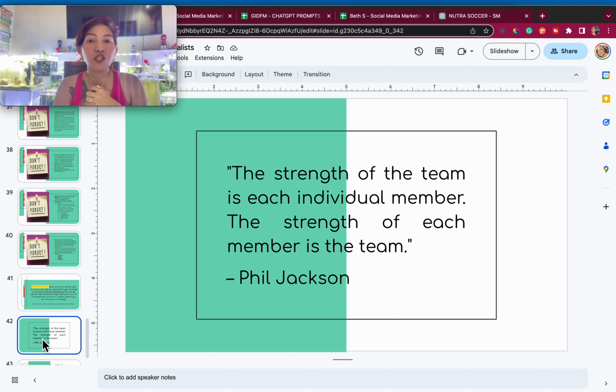Okay, now the strength of the team is each individual member. The strength of each member is the team. So teamwork. I'm all about teamwork, guys. Let's collaborate. Let's talk about your challenges, and let's share it amongst the team. Let's share our best practices. Let's share our struggles.